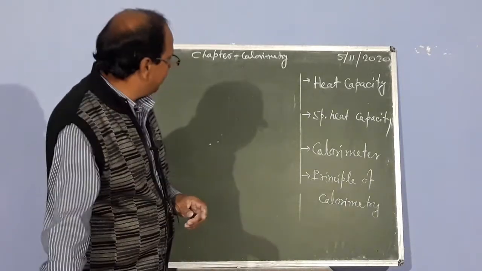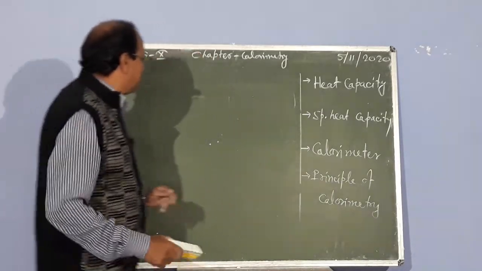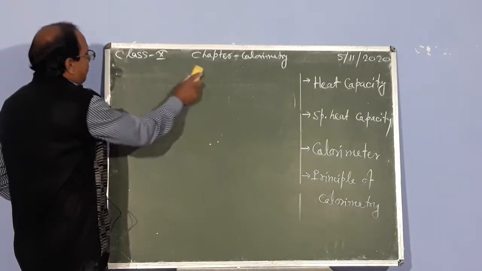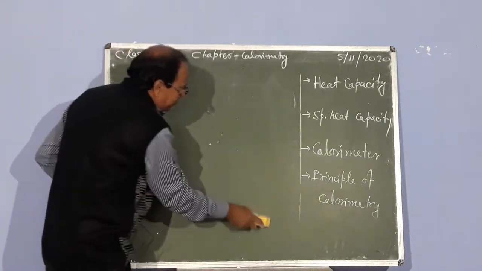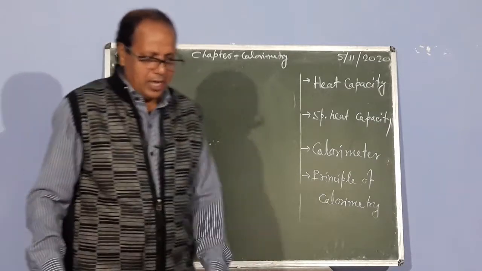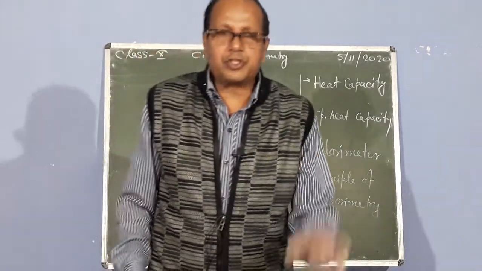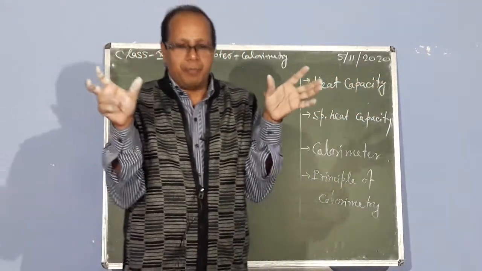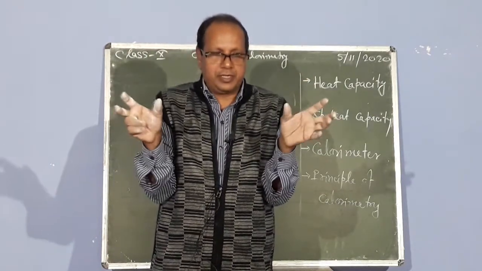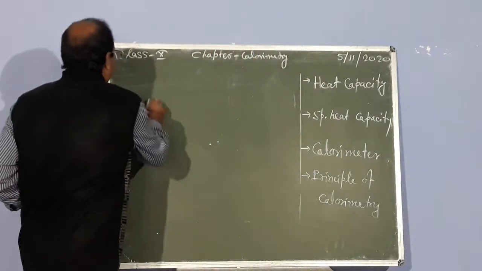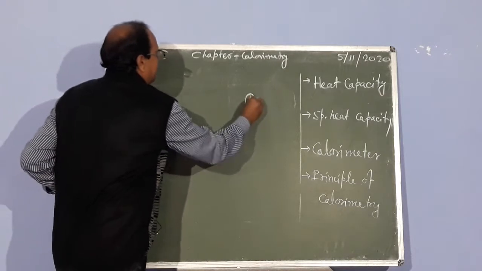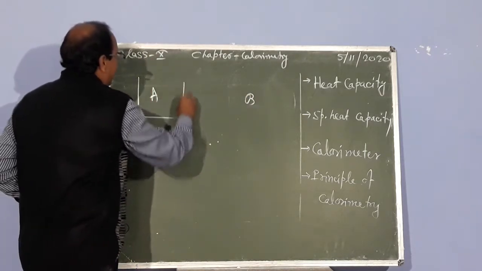So now we are going to discuss the last topic, principle of calorimetry. Before I go for the principle of calorimetry, let me discuss here. Suppose two substances A and B are kept in contact.